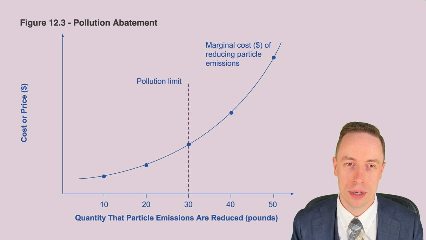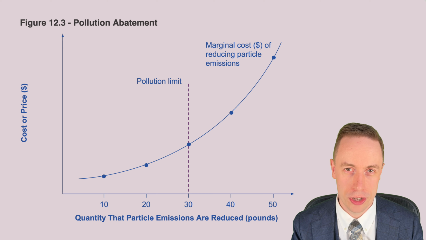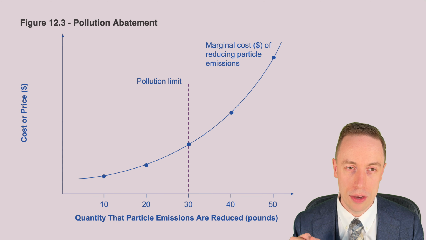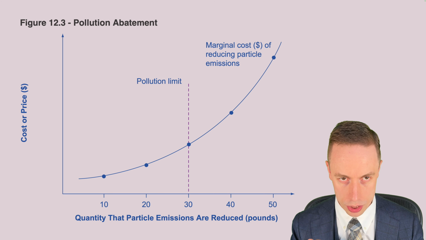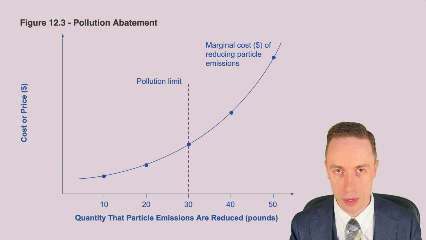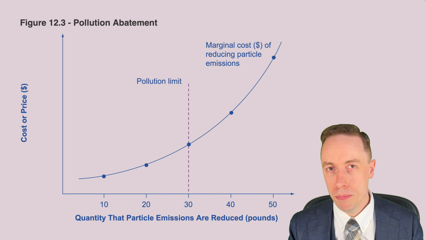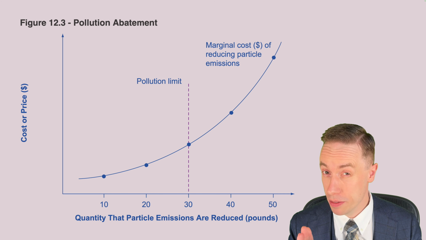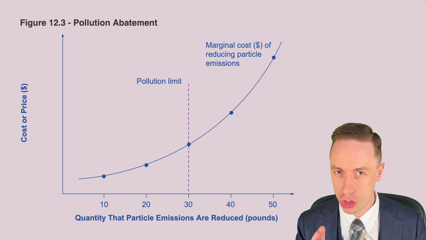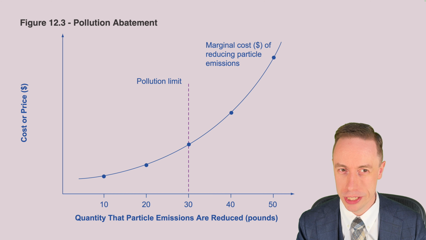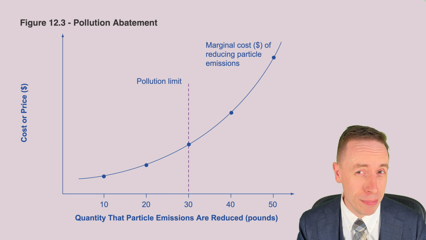So let's go back to the marginal cost of cutting particulate emissions here. Let's say our environmental engineers have determined, hey, we have to cut 30 units of pollution. We're still adopting the same goal. What marketable permits allow us to do is to put that limit in place directly, just like command and control regulation, even if we don't know the underlying marginal cost.